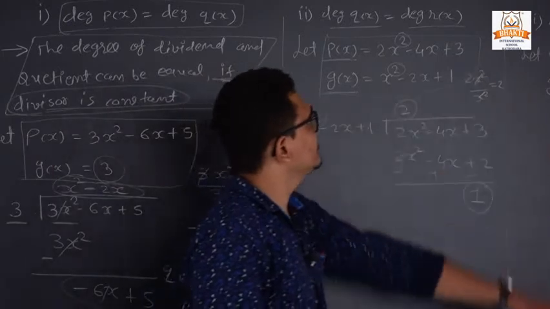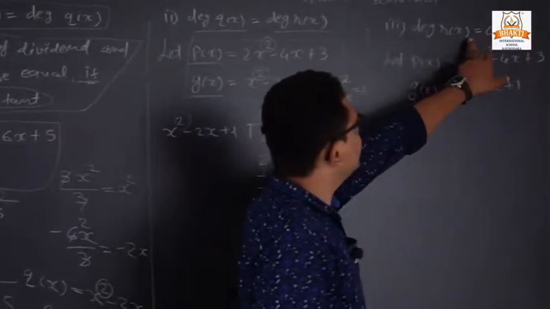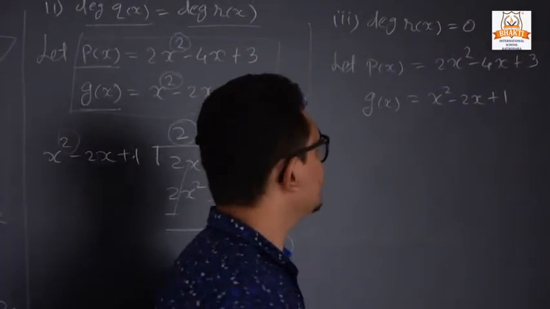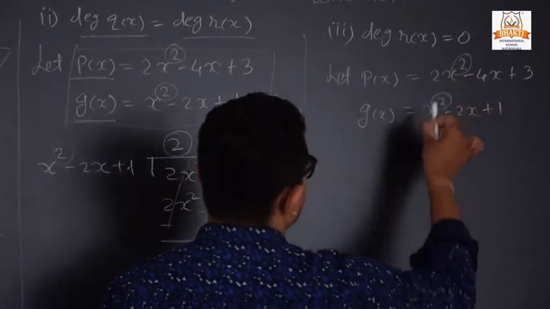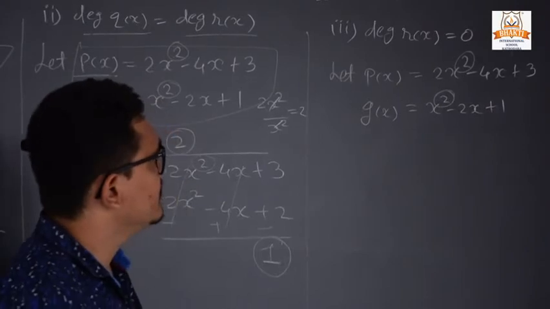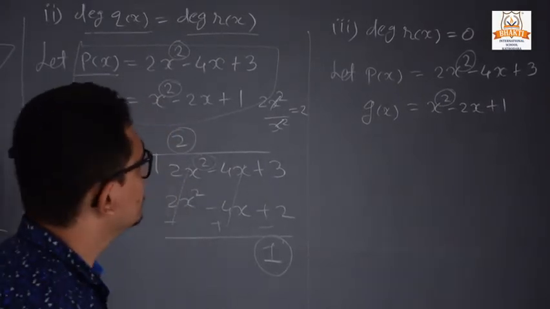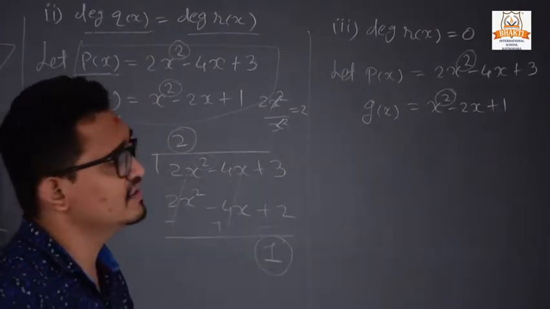Now the last one: degree of remainder will be 0. When is it possible? Once again the same condition. See that if both have the same degree, clear? We can get the remainder as 0.